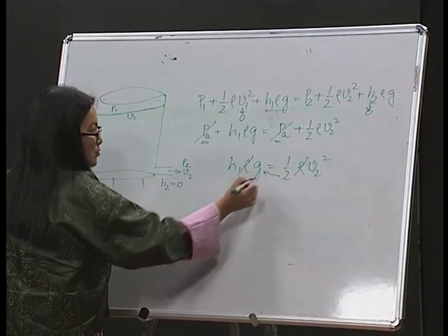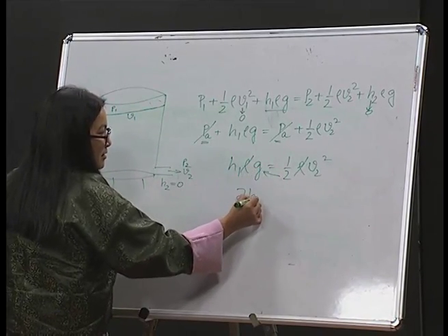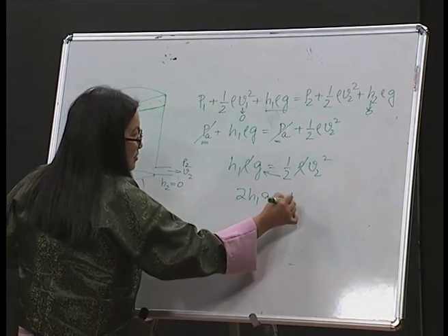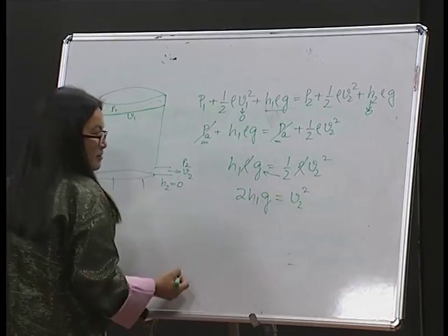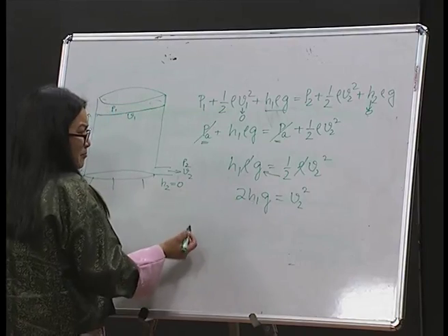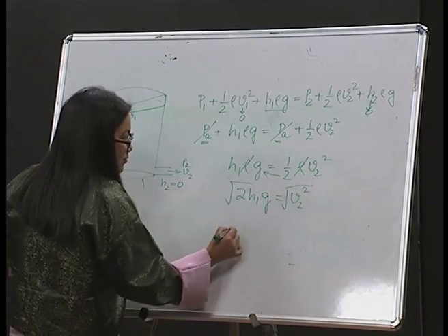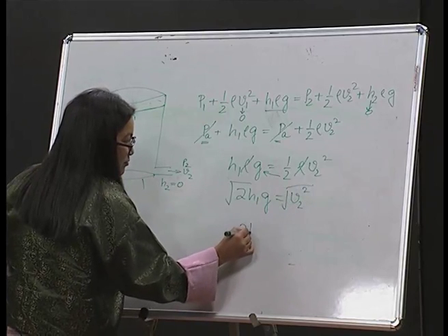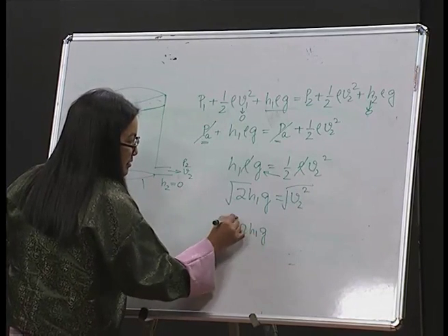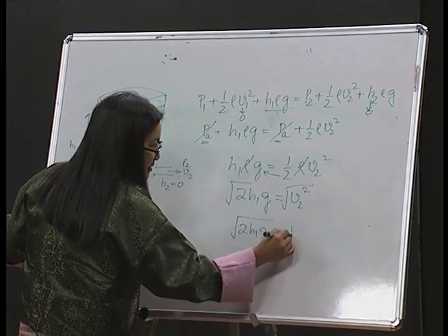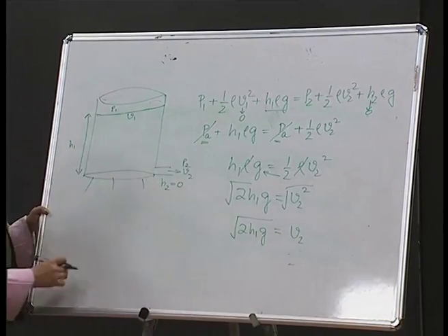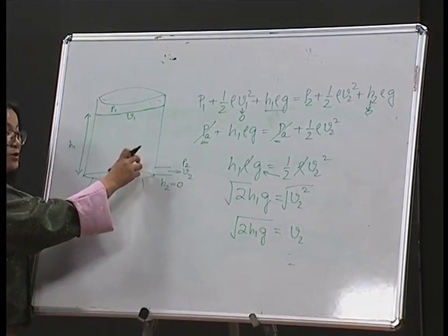We can take 2 to the other side, it will be 2 H1 G is equal to V2 square. So, to remove the square, we can take root on both sides. So, we have root of 2 H1 G as the velocity. So, this is the velocity at which the water comes out.